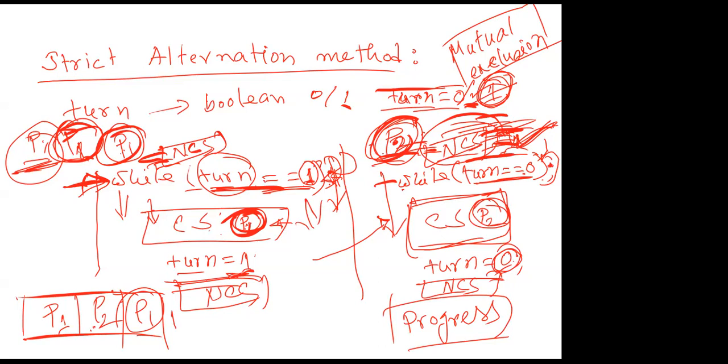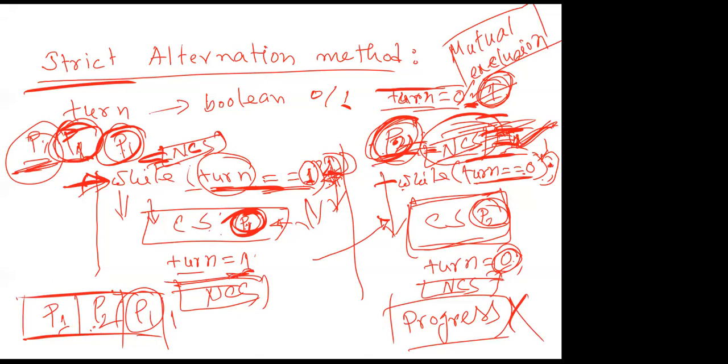So progress is not guaranteed by this strict alternation method. No process is in the critical section, but it still blocks another process from entering. Progress is not satisfied here.